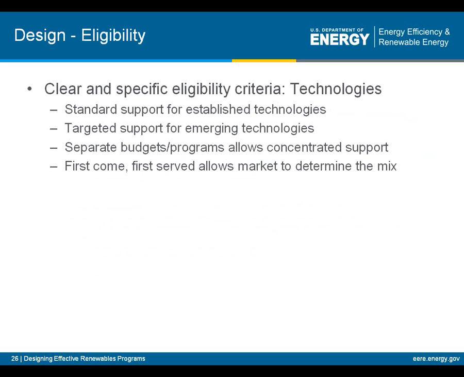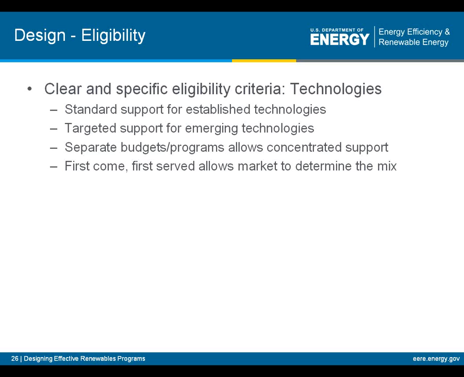It's really important to define upfront exactly what the eligibility criteria are for your program. And you want to think about what technologies you want to be supporting. You may have a standard plan for those established technologies that are easy to install and have a real market. You may want to provide some sort of additional support for emerging technologies that you want to support in your area.